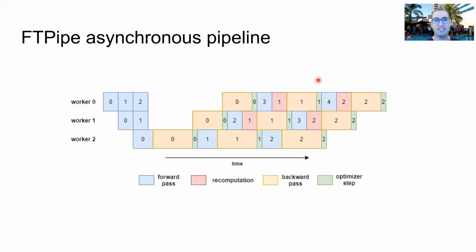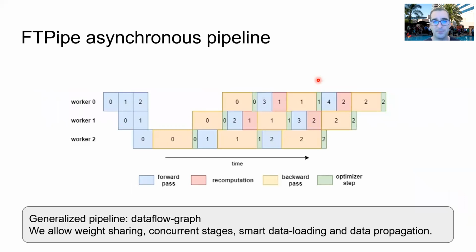This is the FTPipe asynchronous pipeline work scheduler. It is an asynchronous pipeline with recomputation, but what we don't see is that it is a generalized pipeline.